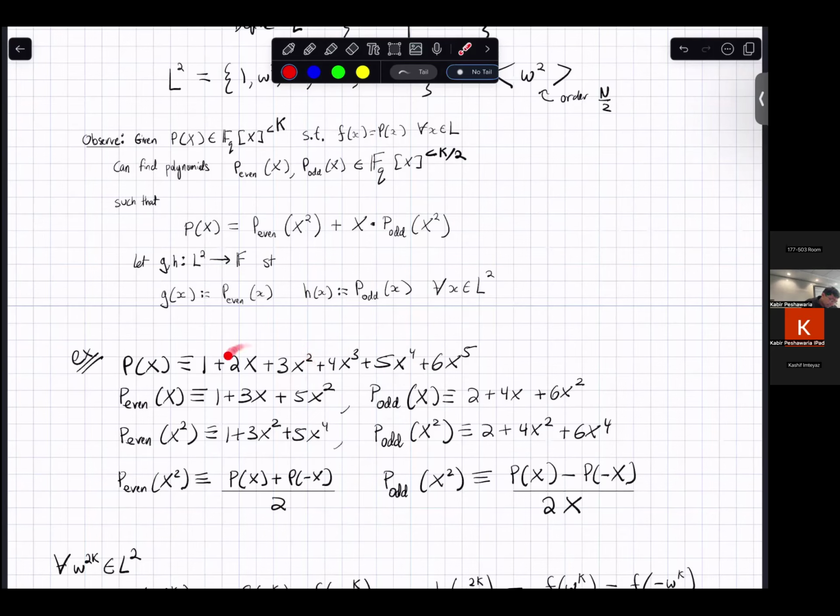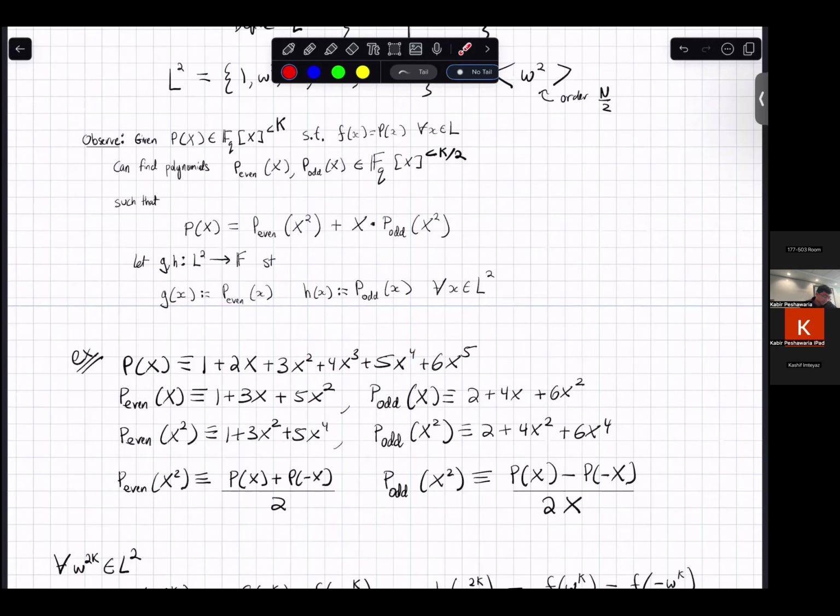It's a bit weird because I put odd coefficients on the even term, so that's a bad example, I'm sorry. And P odd of x is like this and this. If we square inside the x, we get this and this. What you can notice is that P even of x squared is equal to P of x plus P of minus x over 2.